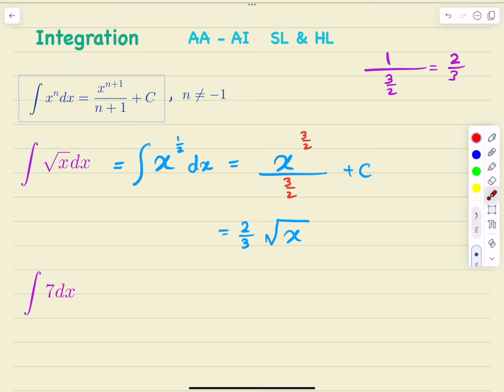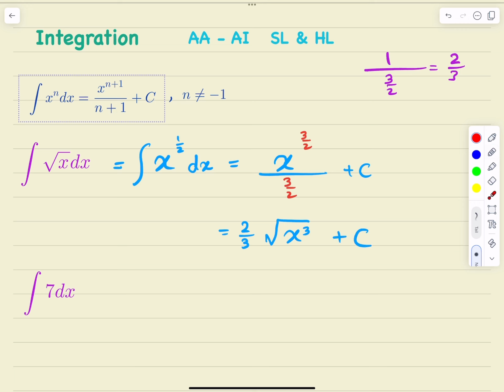Here, we can change this back into a radical form. The numerator 3 will be here inside, and the denominator 2, we put it here outside. But in square roots, we don't write the 2 here generally. It's automatically here 2 for any square root. Then we have plus c.